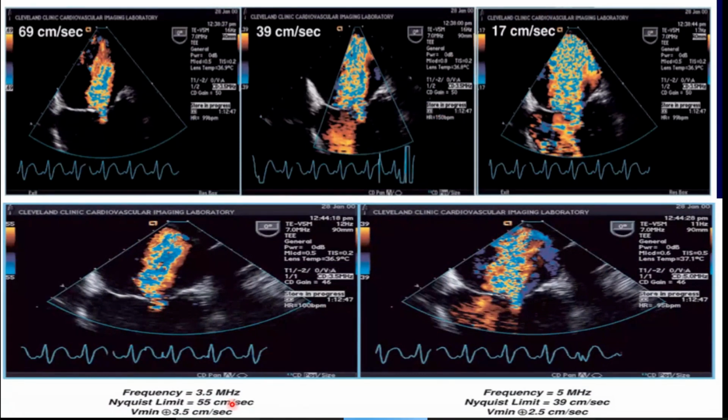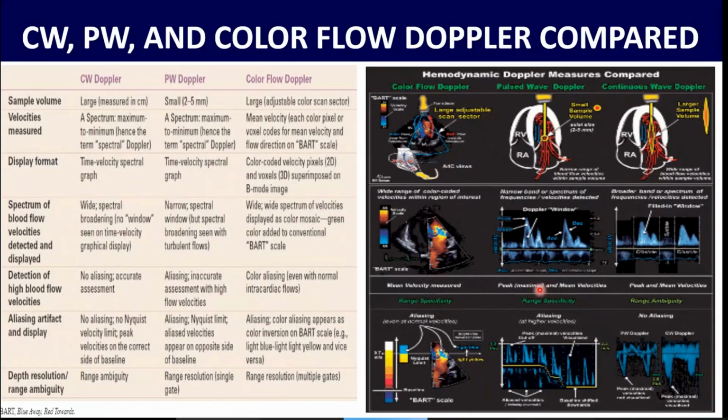So the same mitral regurgitation can be visualized, indicating varying degrees of severity if the frequency settings are not kept optimal. Normally we keep it between 50 to 60 centimeters per second.